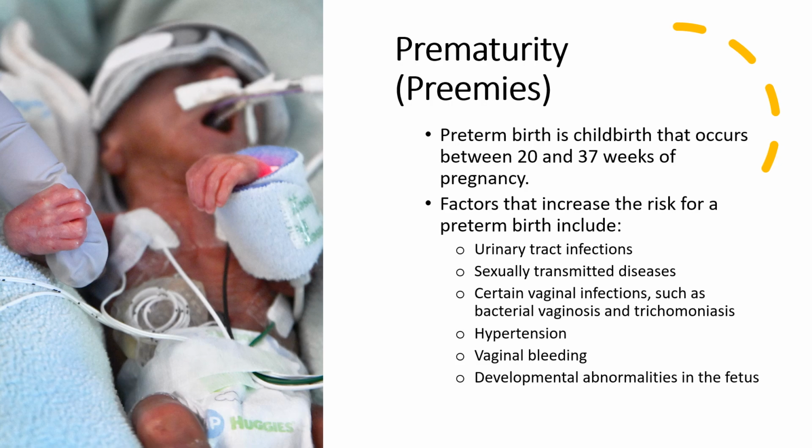Anytime there are abnormalities, and you'll see a lot of these be very similar throughout this lecture, we need to be more concerned about the neonatal risk factors involved as well.